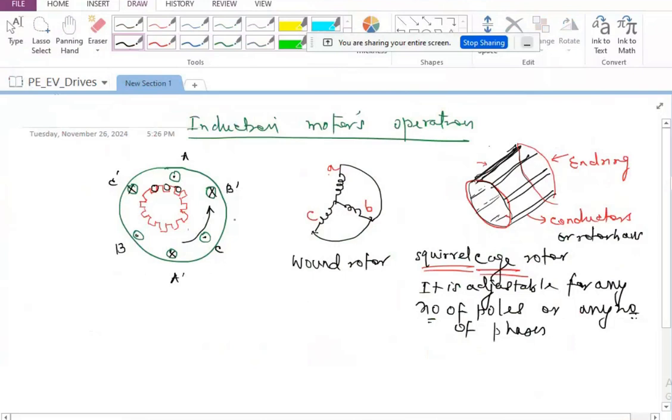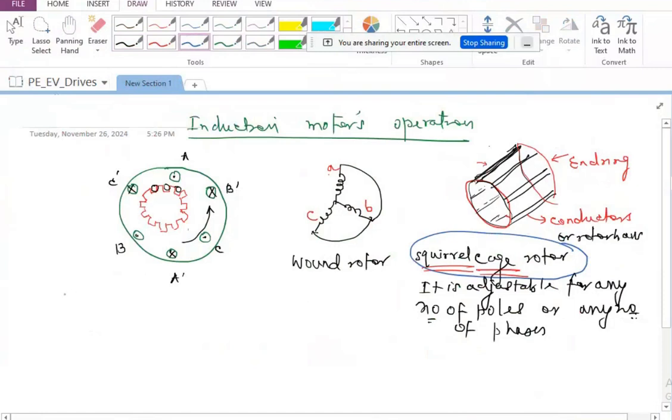I can remove a cage rotor from a 4-pole machine and put it into a 2-pole machine. Still, it will work as long as it can carry that much current. So that way, the squirrel cage rotor is really adaptable or flexible.